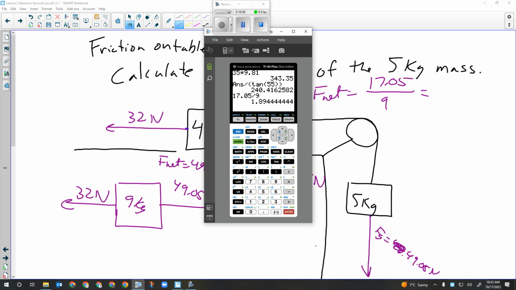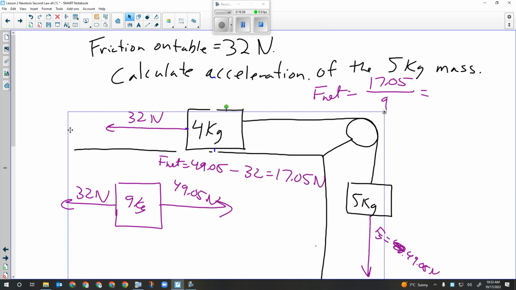We only have one significant digit, so 2 meters per second squared, down. It did ask about the 5-kilogram mass, so I can put a direction on it.